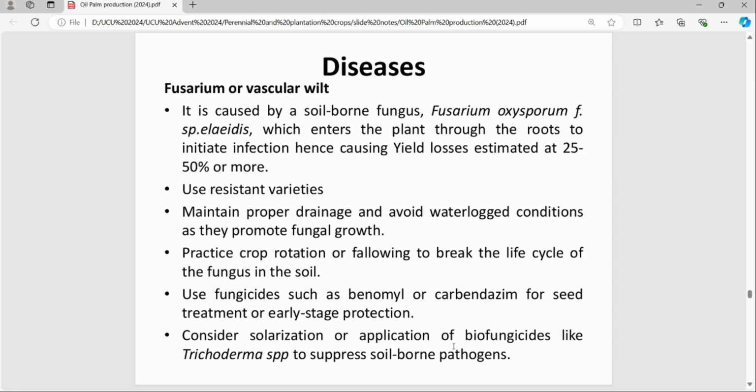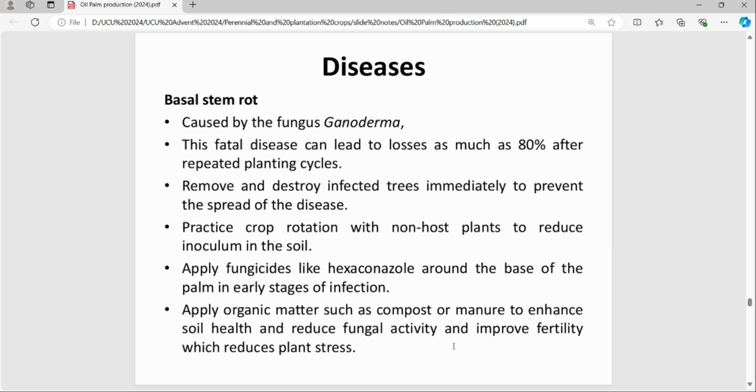before planting. And there's also the basal stem rot, which is also caused by a fungus called Ganoderma. It causes up to 80% loss in case the cycles are repeated. So that means you have to manage it as early as possible. For you to manage it, you should remove and destroy infected trees immediately to prevent spread.